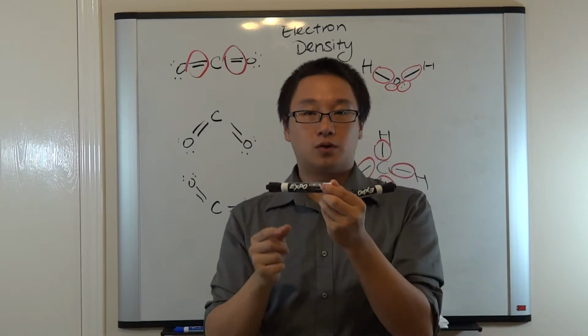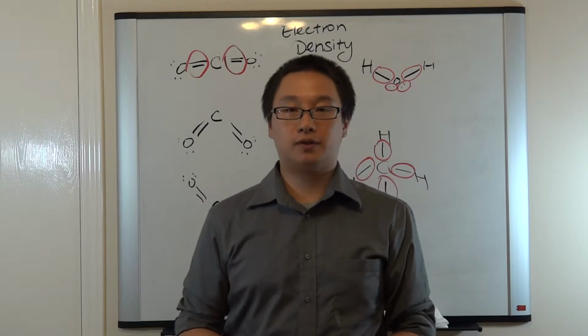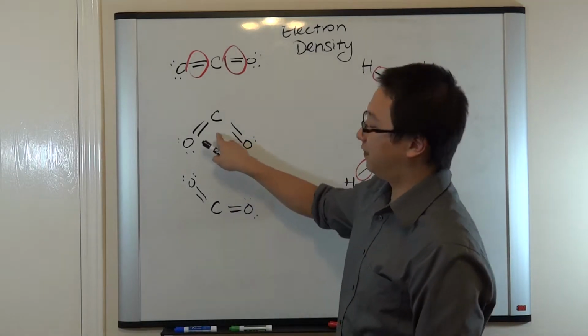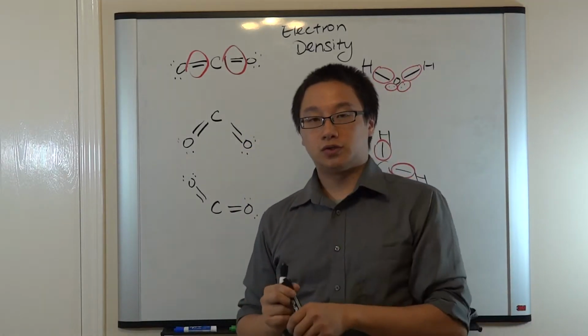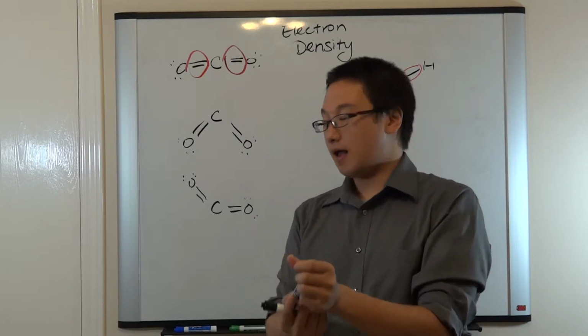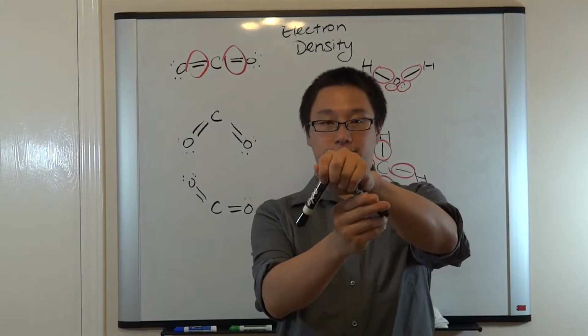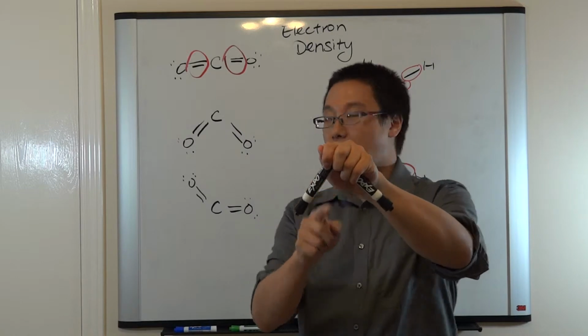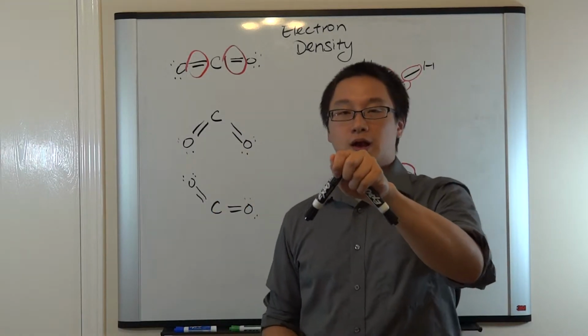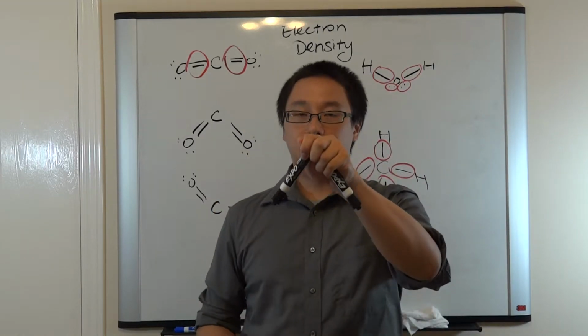The caps will be considered as the oxygen atoms. So now let's consider this structure. This is my carbon, and then I'm going to put it like this. This is analogous to this structure. Now what I want you to think is this.